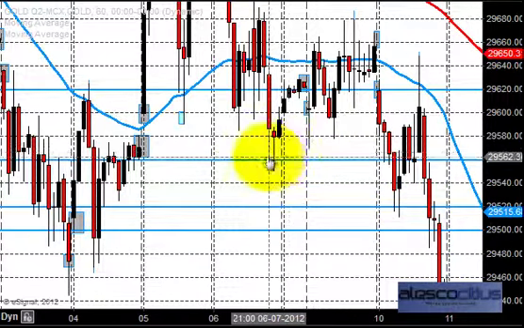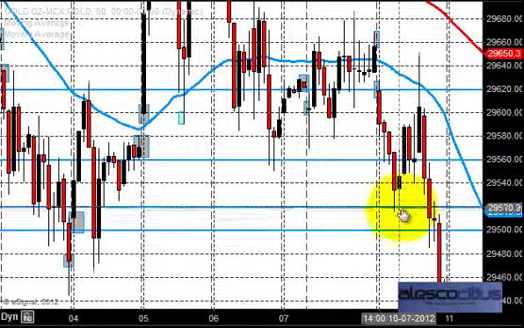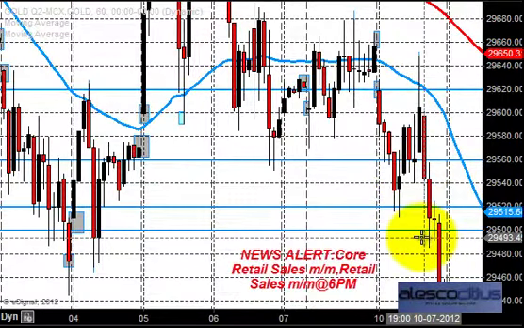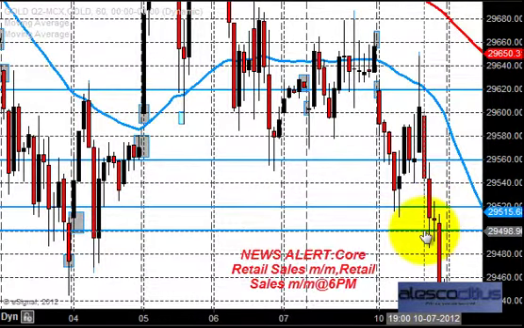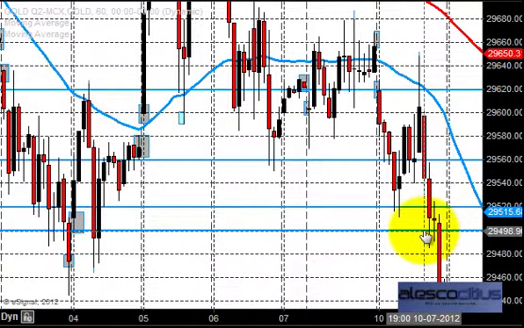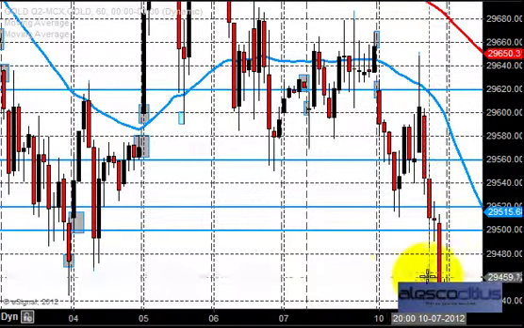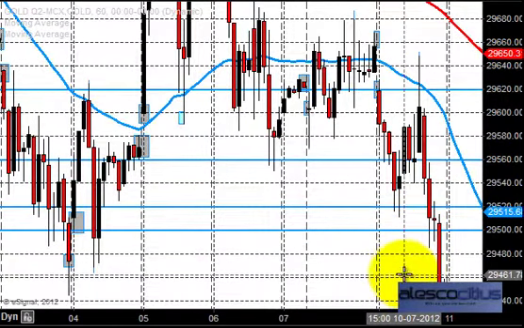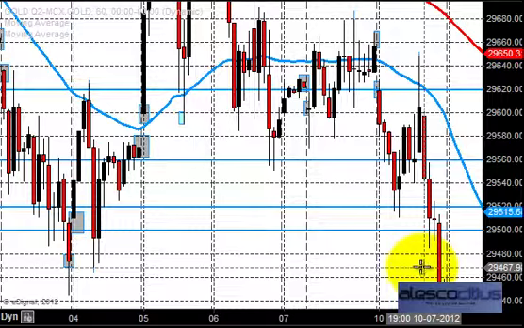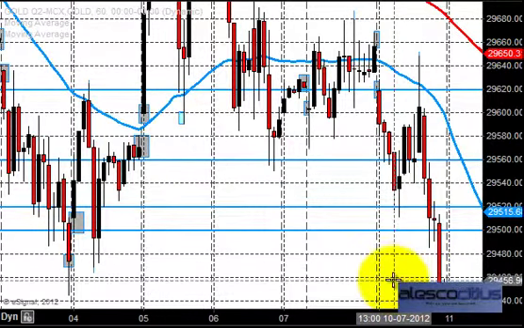It came down and tested this zone twice, and because every candlestick represents 1 hour, even within this zone there are 3 candlesticks, which means it gave us 3 hours to decide and reverse our view. So this is always the market. There is always an opportunity, there is always a way, we just need to think in the right direction.